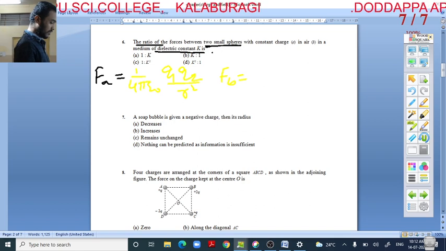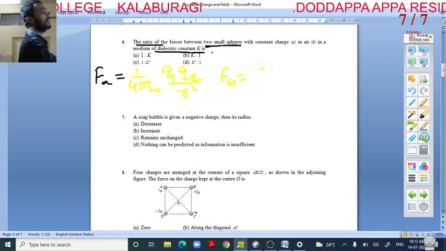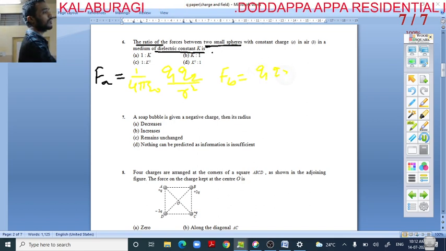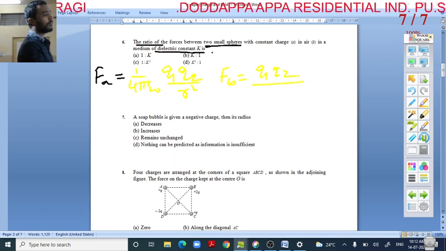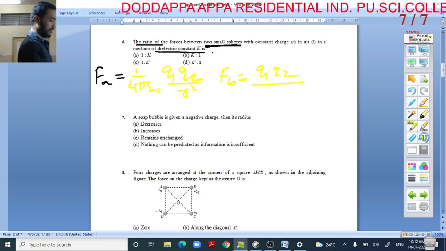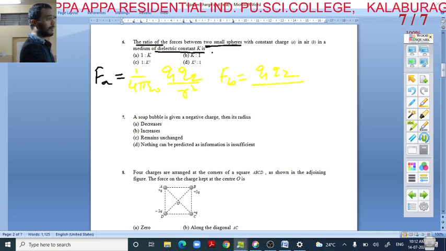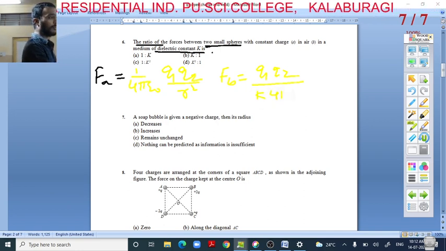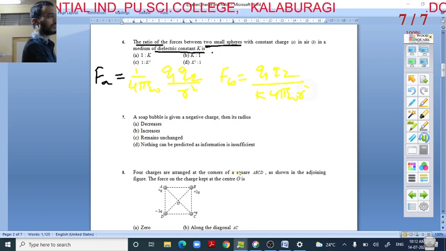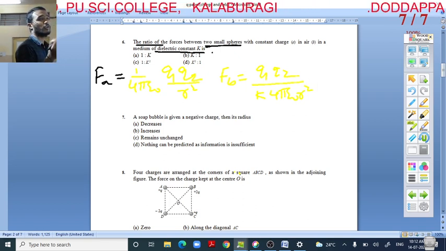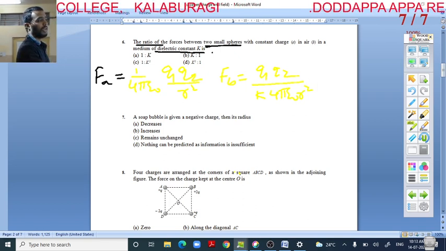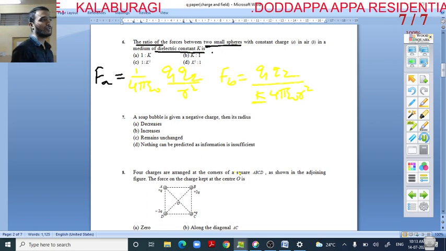So I will write the dielectric constant: 1 by 4 pi epsilon r square, q1 q2 divided by k. K stands for dielectric constant.